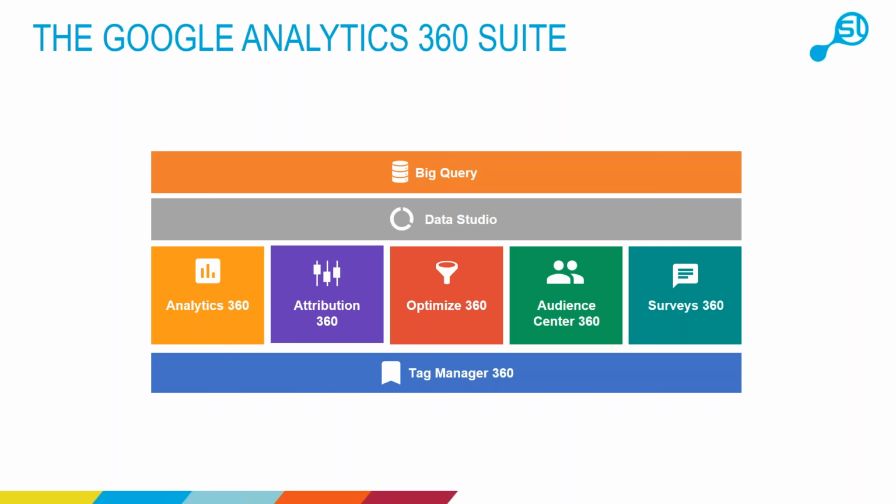The key value of GA360 is the way that it integrates with all of these tools, as well as other Google products, in particular advertising platforms like AdWords and DoubleClick. To really get the most out of your investment in GA360, you need to go beyond the very basics of hit limits and data sampling, and instead use it to deliver data-driven marketing campaigns.